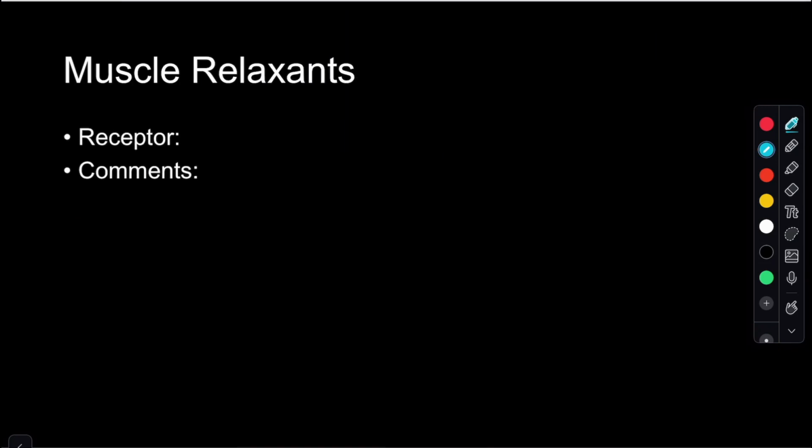So muscle relaxants are going to include cyclobenzaprine. This is otherwise known as Flexeril. I guess it is used in some multimodal management systems. Personally, on my rotations, I haven't seen it used very frequently.